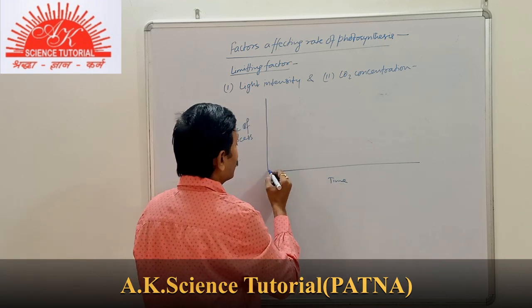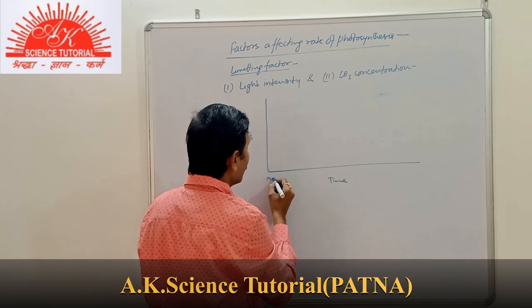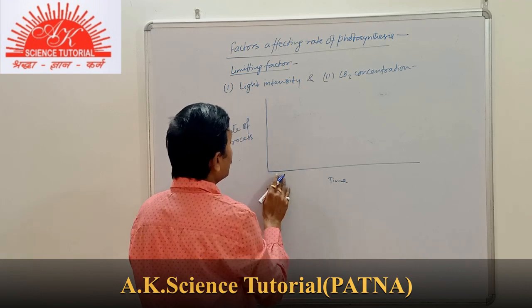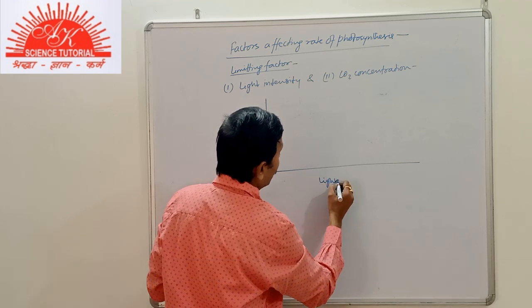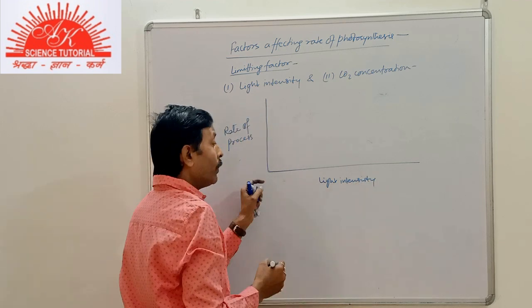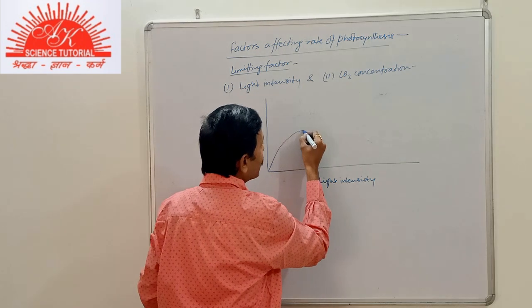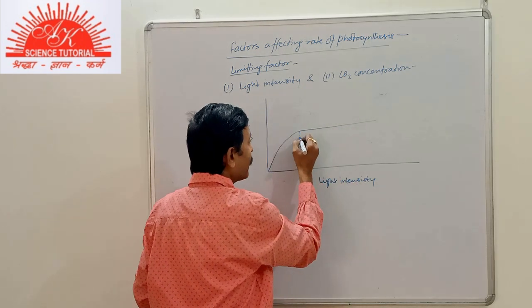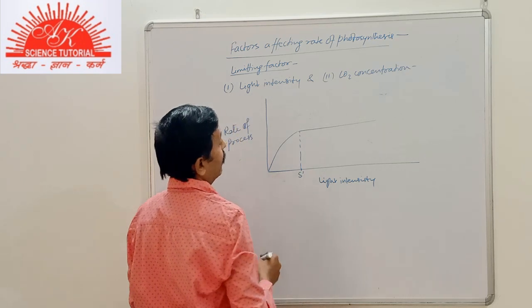Now first of all, the rate of photosynthesis starts to increase with, not time, light intensity. So with increase in light intensity, the rate of photosynthesis starts to increase, but at certain time it becomes constant.